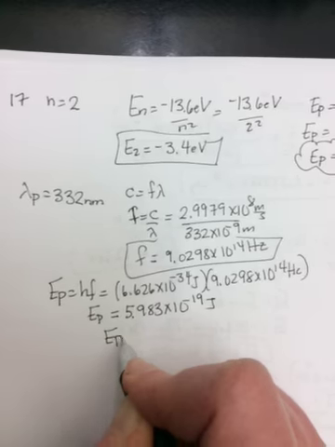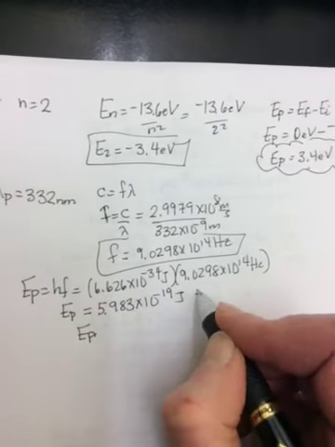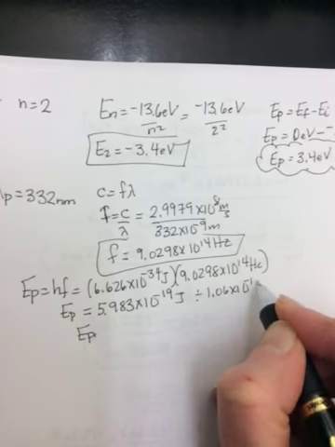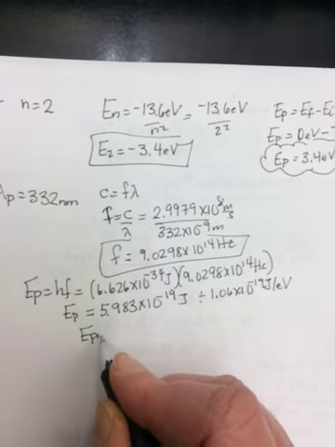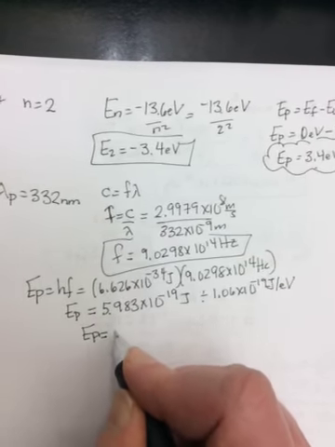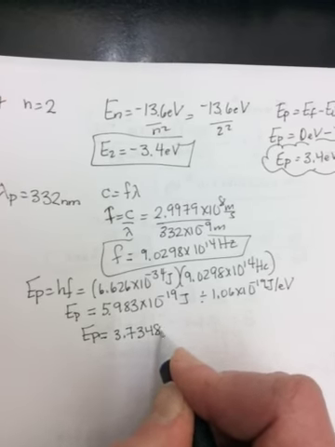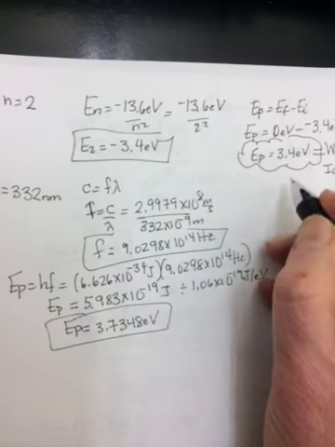But of course, we're going to need it in electron volts to compare it to 3.4, so divide that by 1.602 times 10 to the negative 19 joules per electron volt. And when you do, you get 3.7348 electron volts.